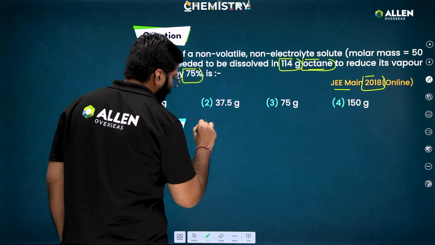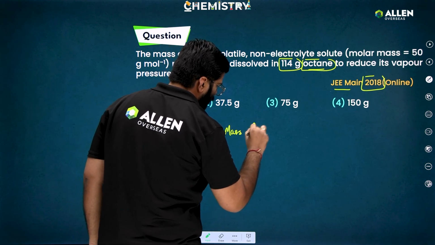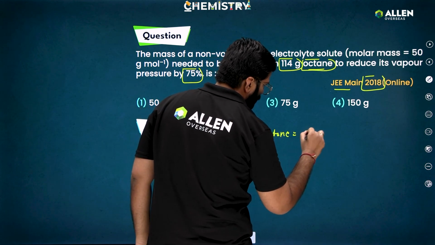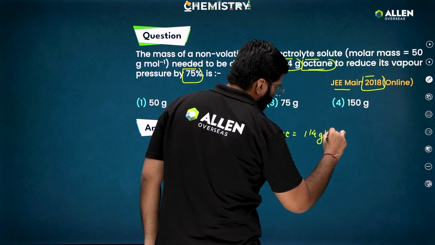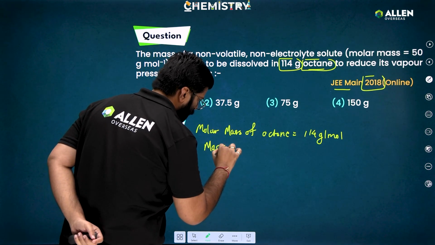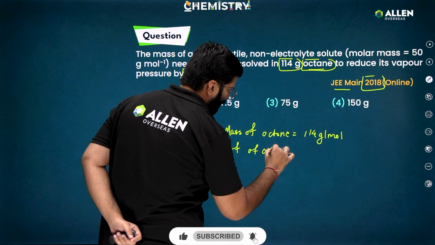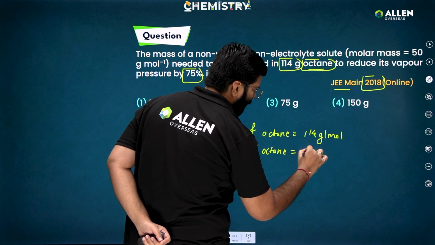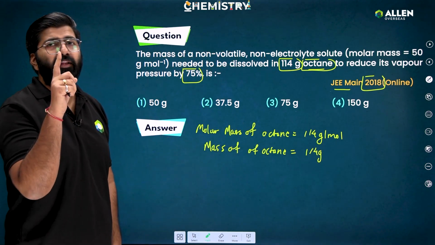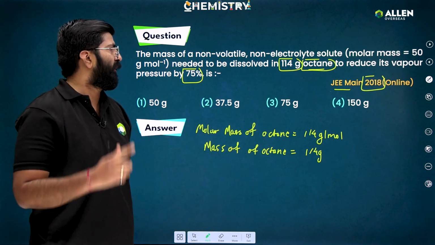So I can write molar mass of octane is 114 grams per mole, and mass of octane is given to me, 114 gram. It means how many moles of octane are there? There is only 1 mole of octane. Why? Mass upon molar mass, I will get 1 mole.